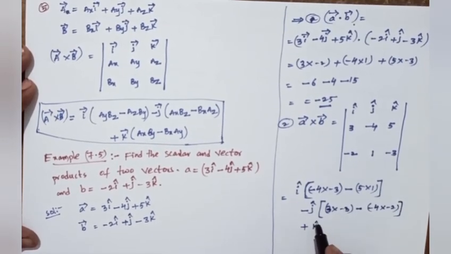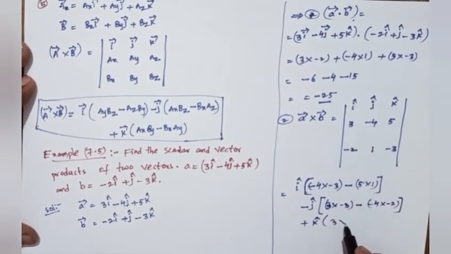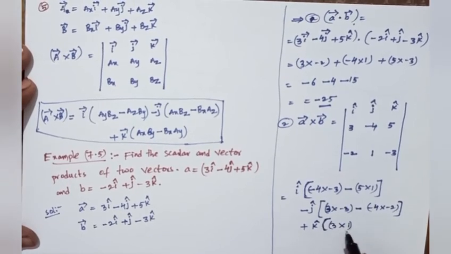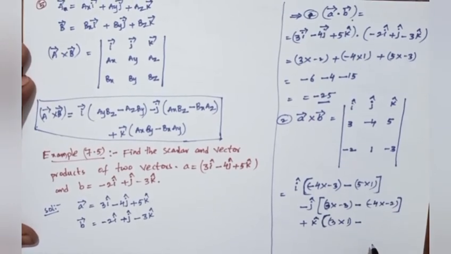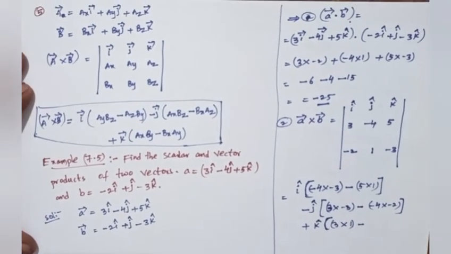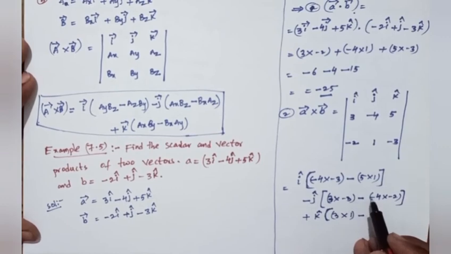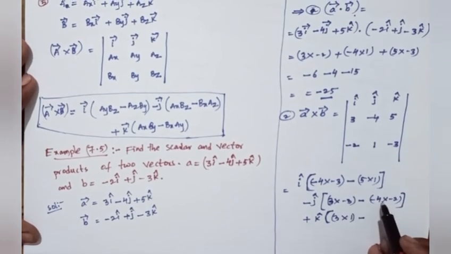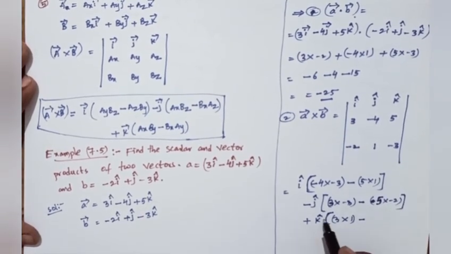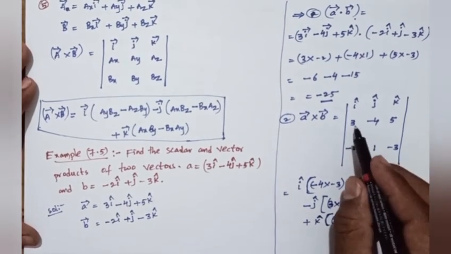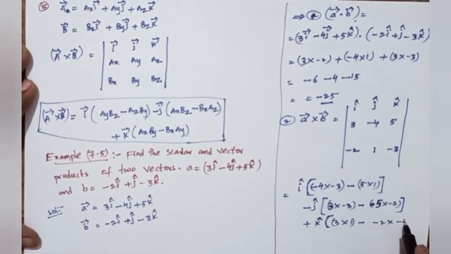plus k cap into 3 into 1 minus minus 4 into minus 2. Sorry, it is minus 3 into minus 3 minus 5 into minus 2, and k cap into 3 into 1 minus minus 2 into minus 4.